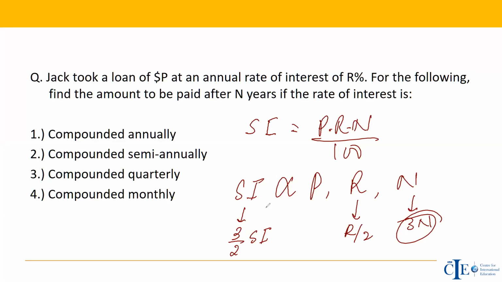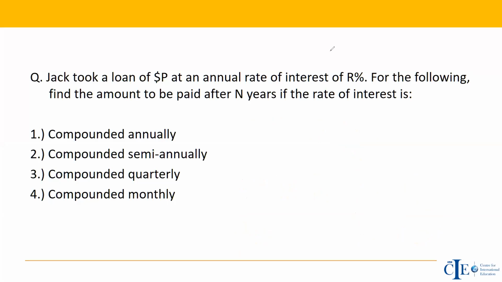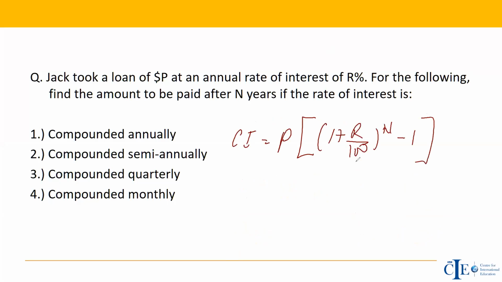Now the same logic will not work in the case of compounding, because the interest part is not common. The compound interest has P common: it is P into the bracket 1 plus R over 100 raised to N, minus 1. So it is expressed as P into this whole bracket.